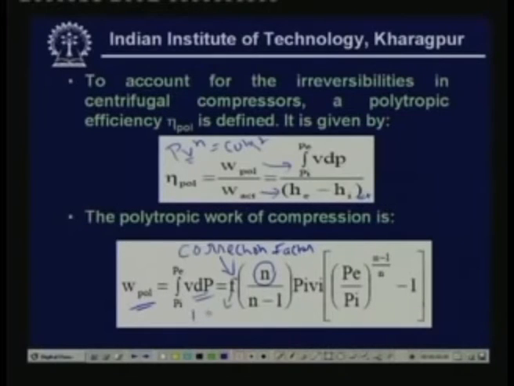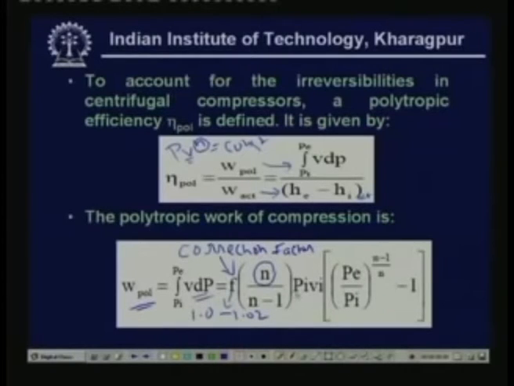It is found that its value varies from 1 to 1.02, which means the maximum error will be about 2%. So most of the time you can neglect this, but if you are very particular, then you can include this term, which has to be obtained from experiments. It takes care of the variation of the index n, where n is the index of the equation PV to the power of n is constant.